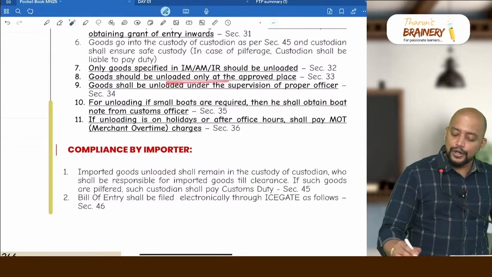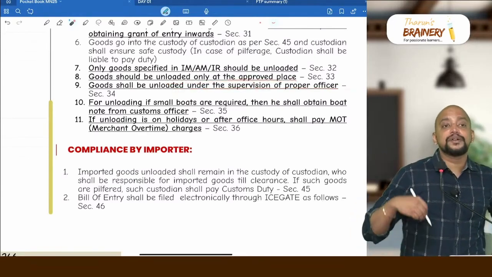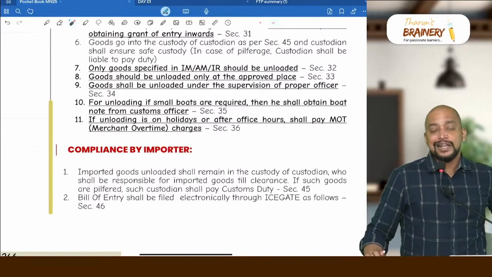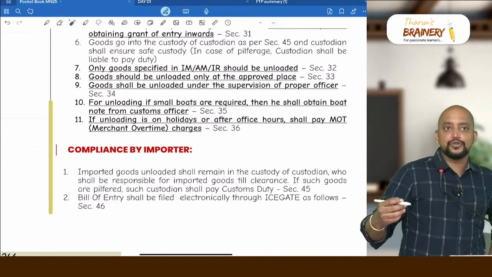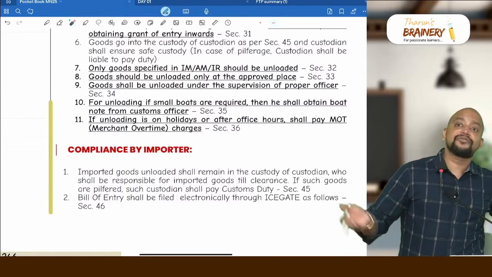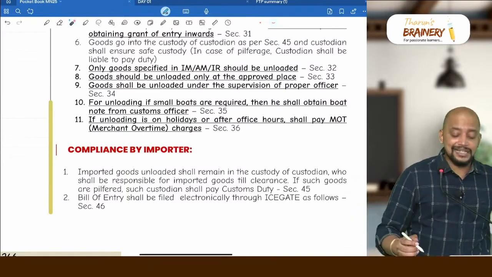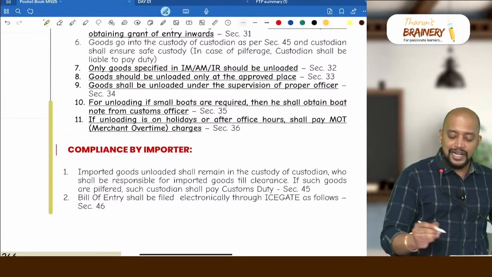And goods should be unloaded only at the approved place, and under the supervision of the proper officer. If the officer is working after office hours or on public holidays, etc., they will charge some extra charges called merchant overtime charges.